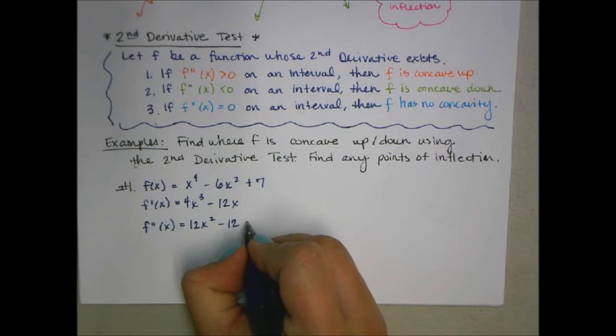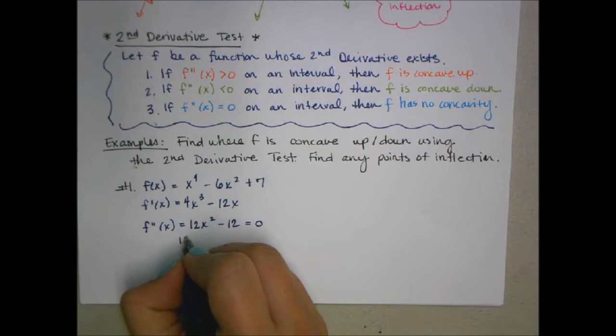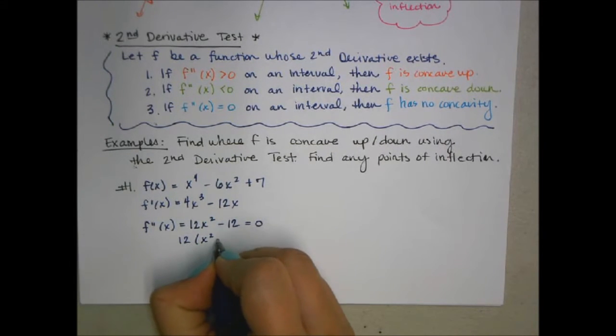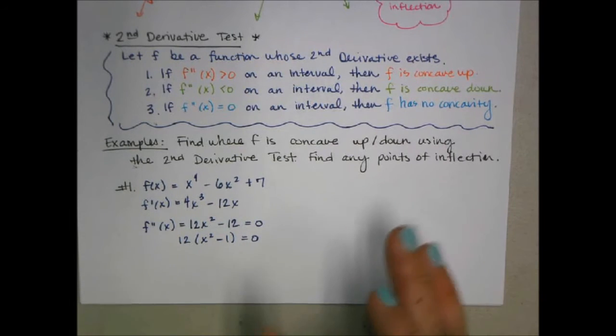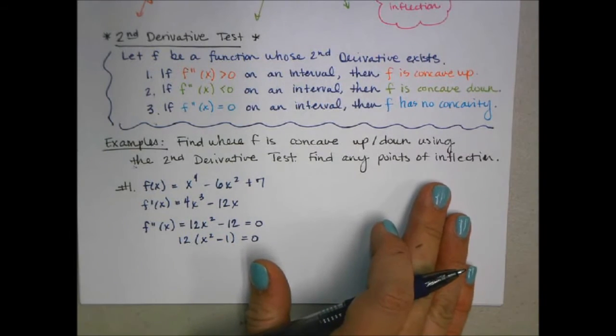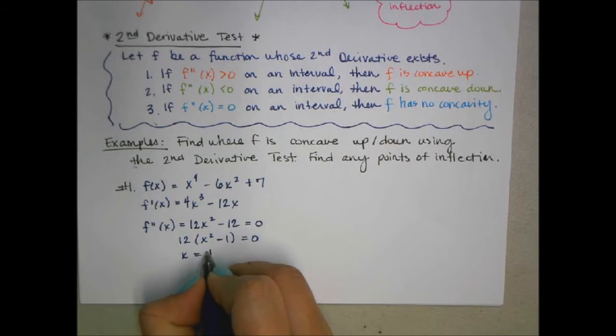So set this equal to 0, and we're looking for test values. They're not called critical numbers here. They are potentially points of inflection, but we won't know that yet. So solutions here, plus and minus 1. These are our test values.